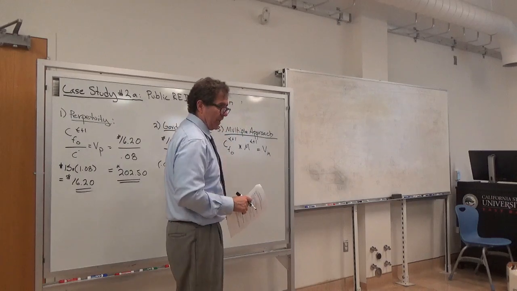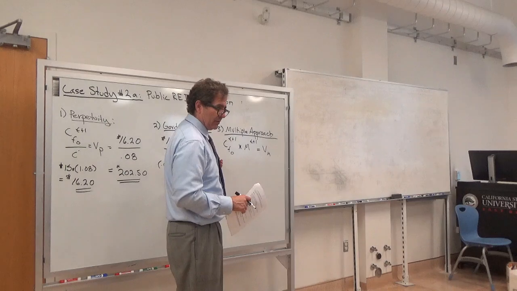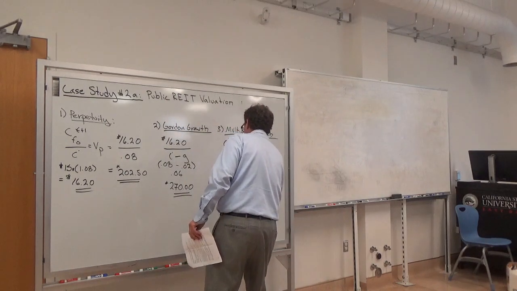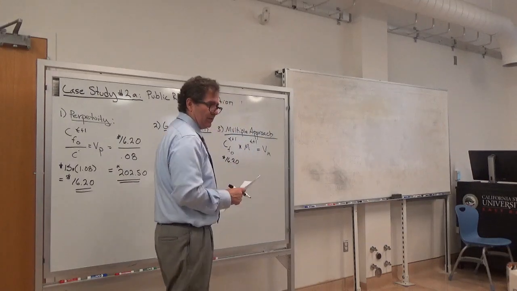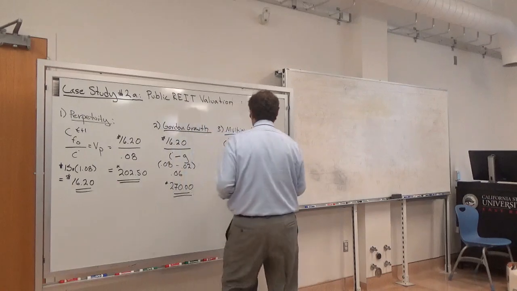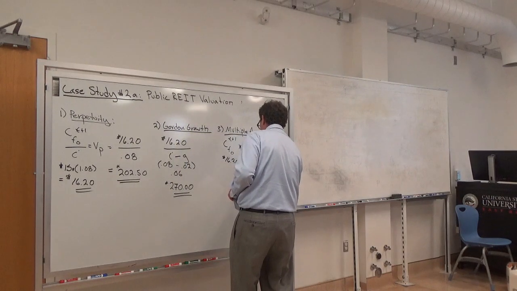So what's next year's cash flow? 20. Do they give you any multiples? Do they give you any FFO multiples? Yeah. Stock price divided by FFO per share. Okay.